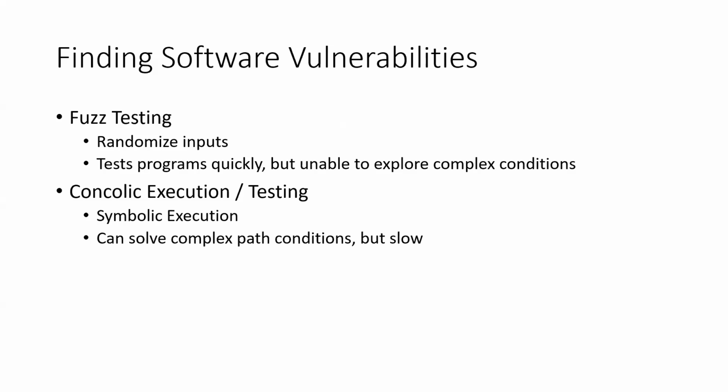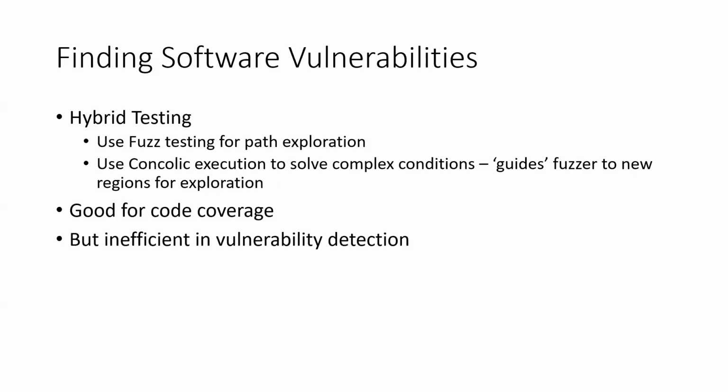However, this method is quite slow. So these are two ways to find software vulnerabilities, or actually just to generate tests through code coverage. One common way to solve the limitations of both is to combine them into hybrid testing.